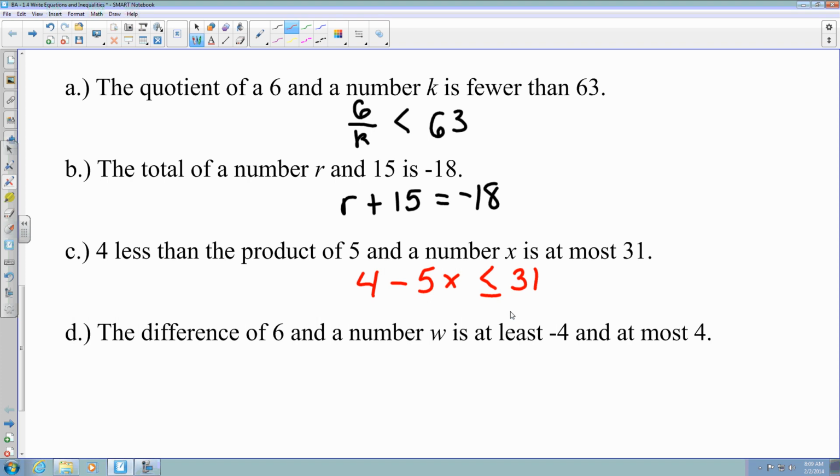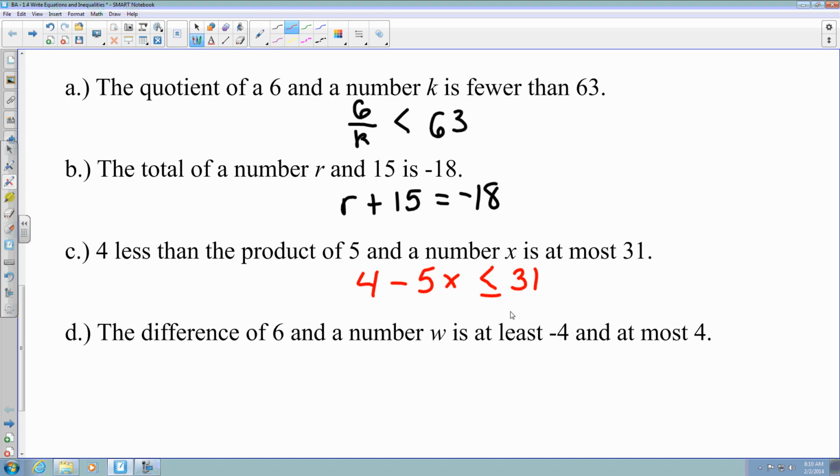And then for D, it's going to be the difference of 6 and the number W is at least negative 4 and at most 4. So you have two inequalities here. So this is a situation where you're going to have either two different inequalities or you can combine them. So this is what it would kind of look like.